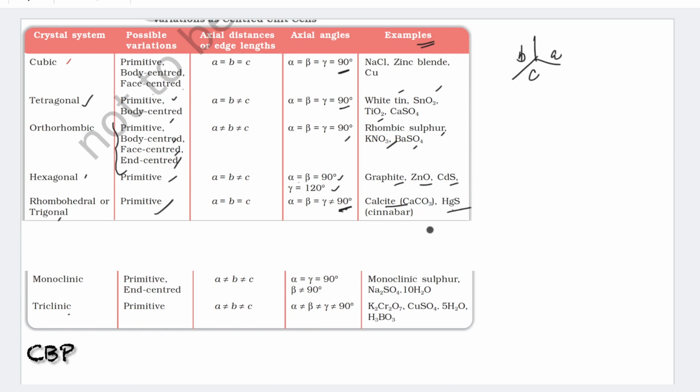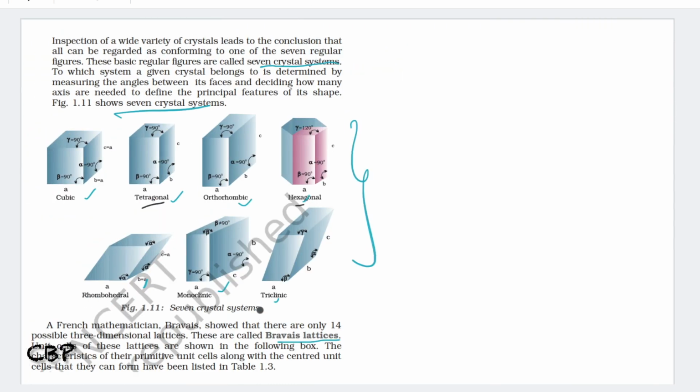Sixth one is monoclinic and the last one is triclinic. First of all, monoclinic. Monoclinic is present in end-centered and primitive variations. In this, this is A side, this is B side and this is C side. A is not equal to B and B is not equal to C, means all sides are different.